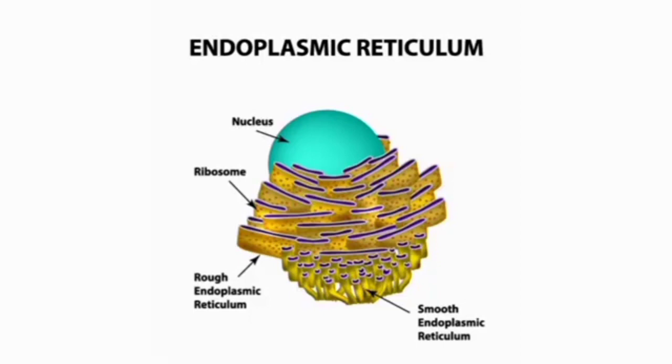Smooth endoplasmic reticulum plays a crucial role in detoxification of poisons and drugs in liver cells of vertebrates. The endoplasmic reticulum gives mechanical support to the cell. This is all about the endoplasmic reticulum.